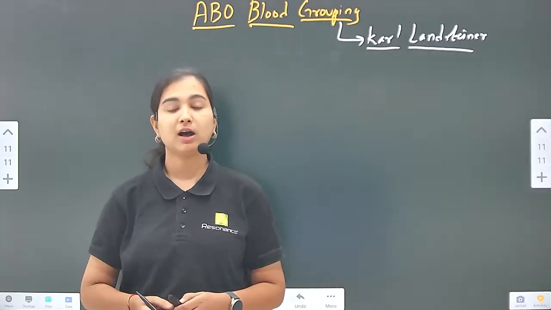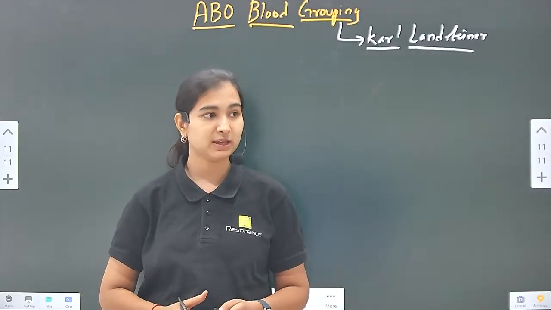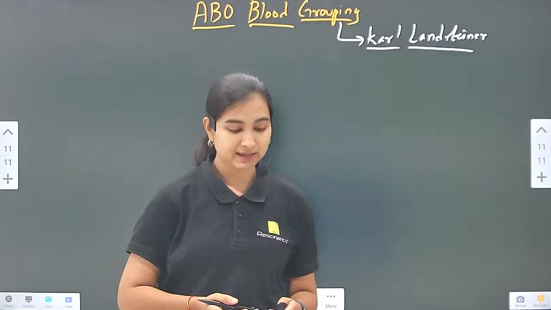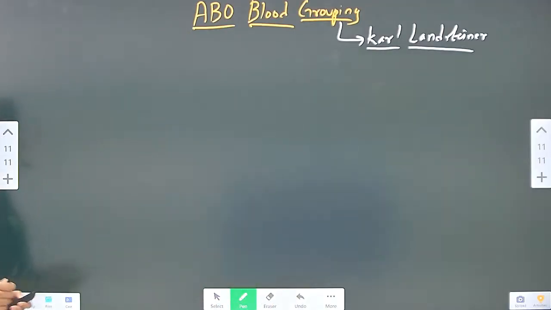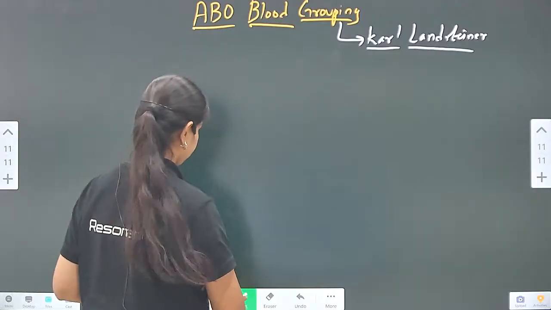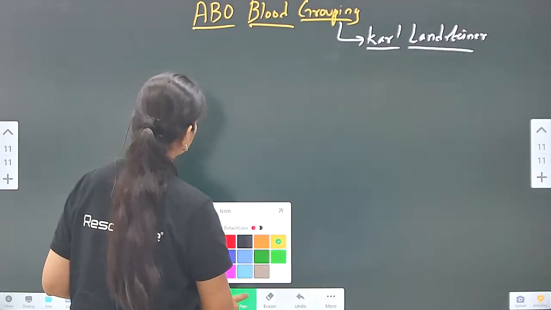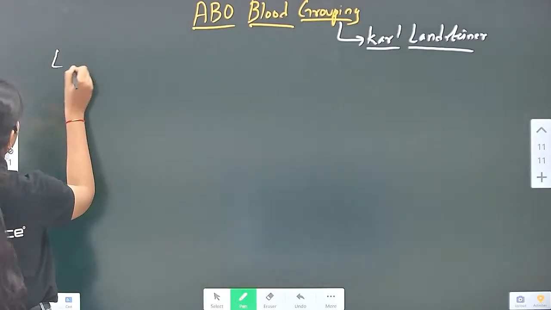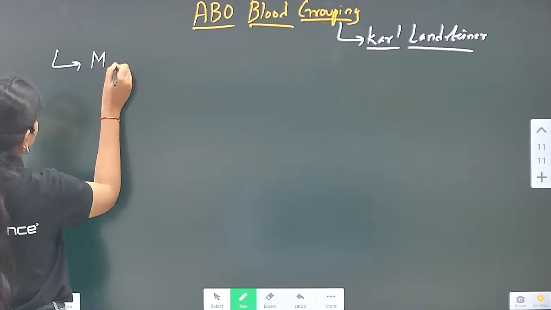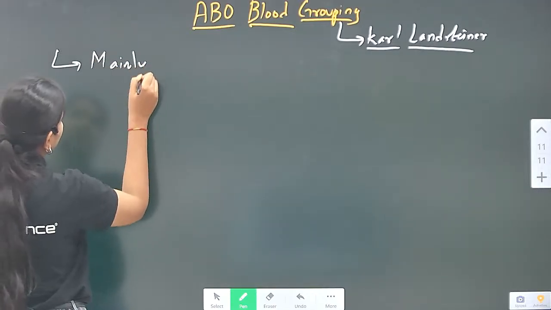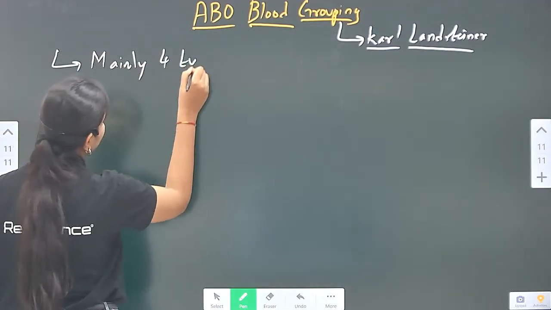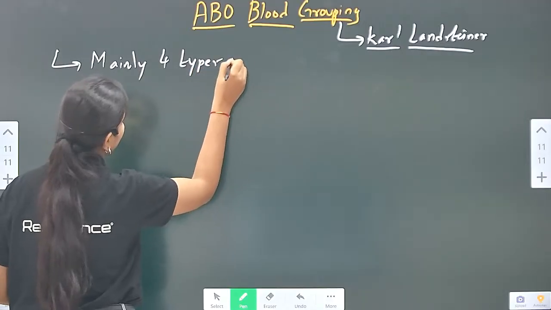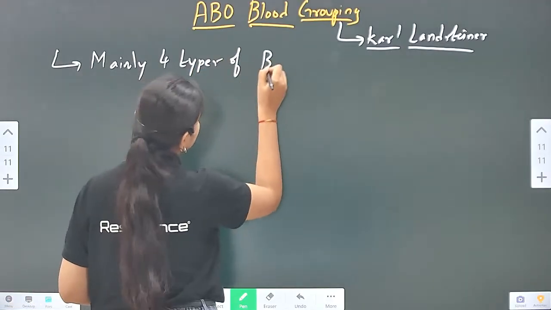Yes, so how many types of blood groups do we have? Okay, so we have mainly 4 types of blood group.